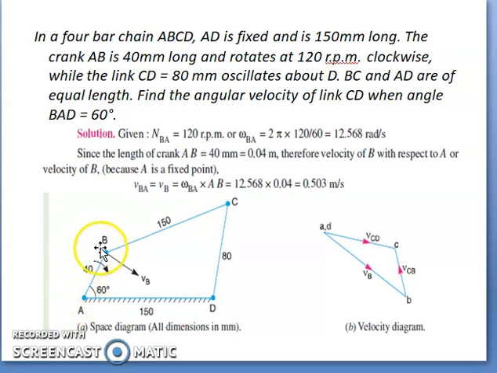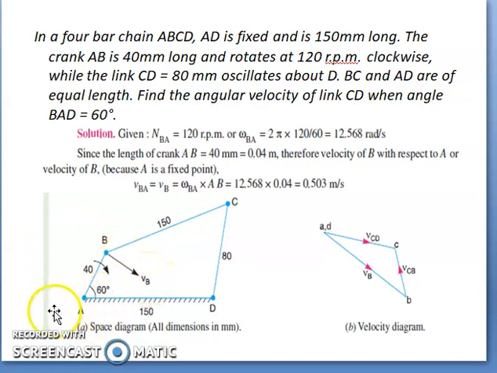Here you can see the link AB is rotating with respect to AD. Whenever a link is rotating, we saw that the velocity is tangential to the circle, or in other words, it is perpendicular to the link. Correct? This is the radius of the circle. So if the velocity is tangential, then it is perpendicular to the link AB.